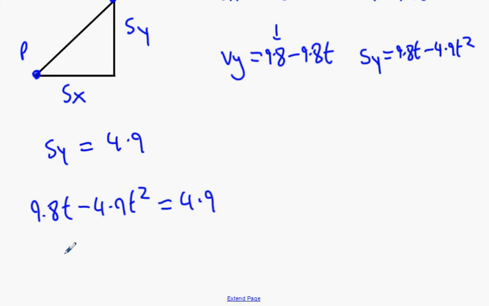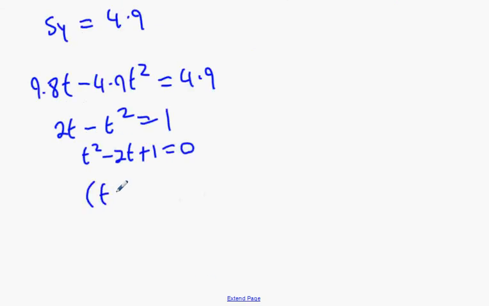Divide both sides by 4.9 and bring it over: t squared minus 2t plus 1 equals 0. That was quite convenient. (t minus 1) squared equals 0, so t equals 1 second.